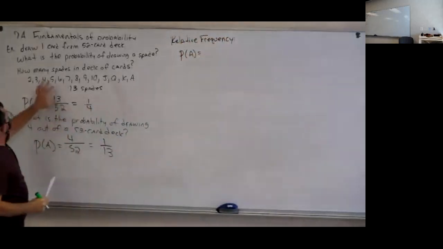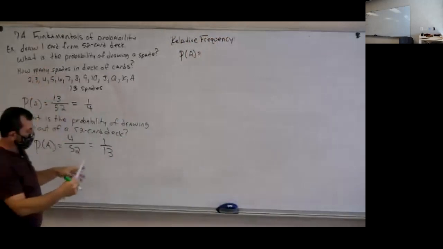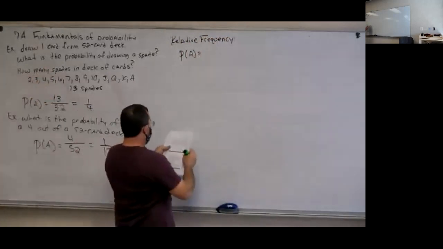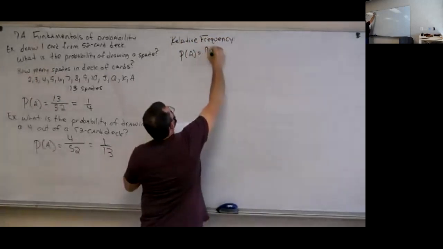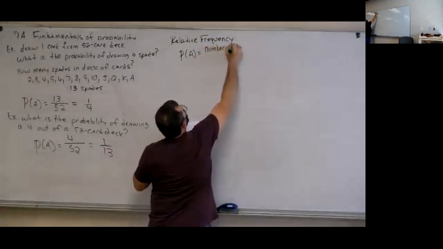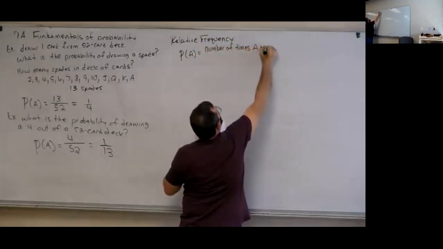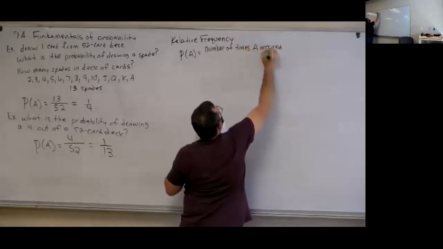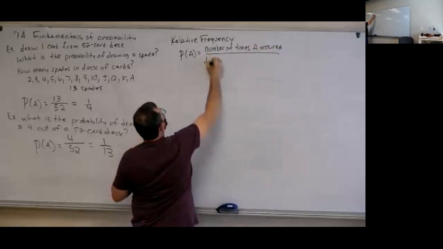In theoretical, I count all the possible outcomes and divide by the total outcomes that were possible. Relative frequency, you take the number of times A occurred and divide it by the total number of observations.